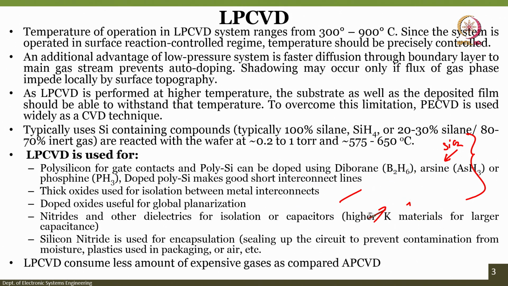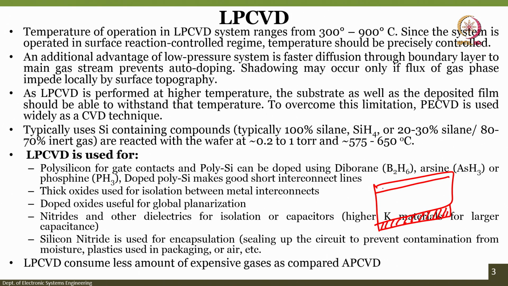But what if I have a silicon dioxide layer, on which I have, let us say, a micro heater, as we have taken the example of a micro heater, on which I want to deposit silicon dioxide again using LPCVD.